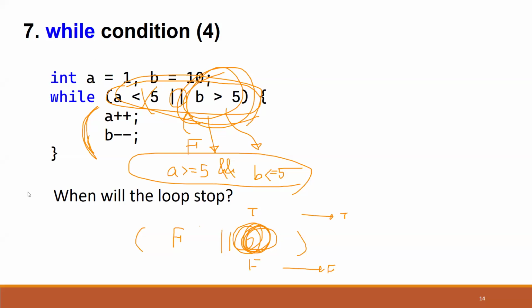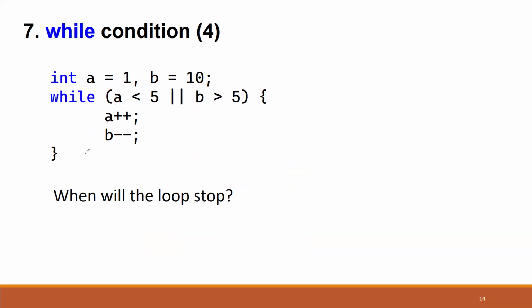Okay, let's talk about that one. A is 1, B is 10, so it is true. A becomes 2, B is 9, still true. 3, 8, still true. 4, 7, still true. And when it becomes 5, 6, still true, right?